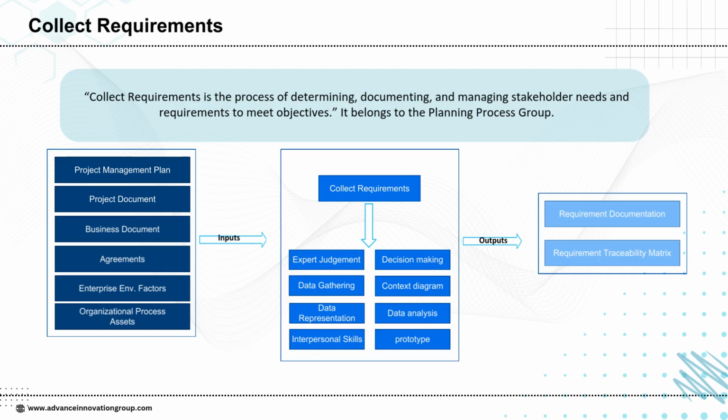The process then uses tools such as expert judgment, data gathering techniques, interpersonal skills, data analysis, and even prototypes to capture the needs accurately. Finally, the outputs of this process are requirement documentation and a requirements traceability matrix, which ensure that every stakeholder need is properly recorded, tracked, and fulfilled throughout the project.